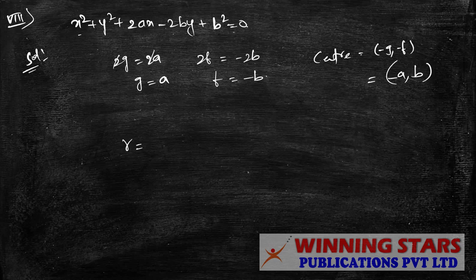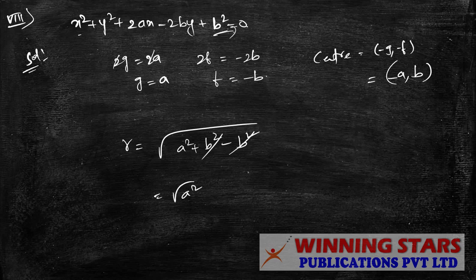Radius is under root of g square plus f square minus c. g square means a square, f square means b square, minus c. C means b square here, so b square will get cancelled, under root of a square. R is equal to a, square root and square will get cancelled. R is equal to a is the answer here.